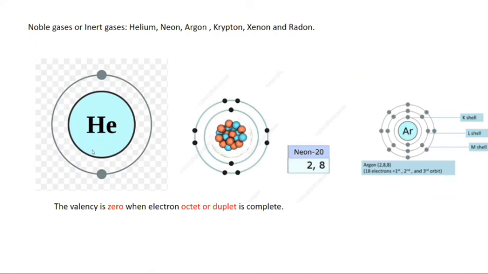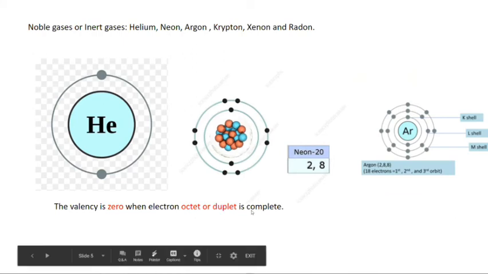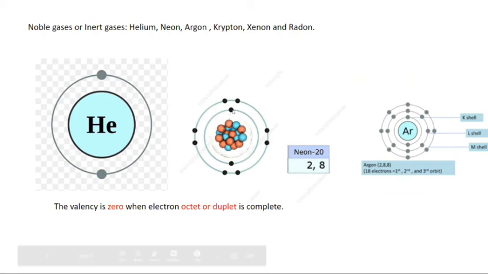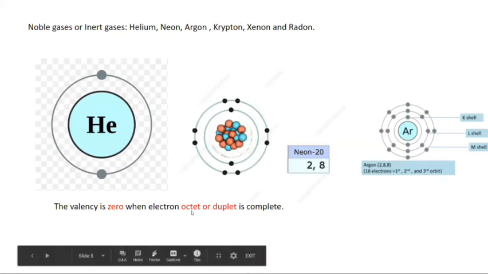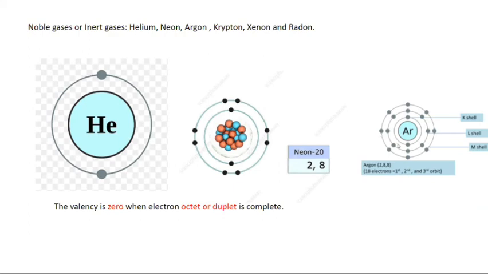Okay. Now what about helium, neon and argon? Here you can see in its outermost shell, helium has 2 electrons, means it completed a duplet. For neon, you can see here in its outer shell, it has 8 electrons, means it completed an octet. And what about argon?